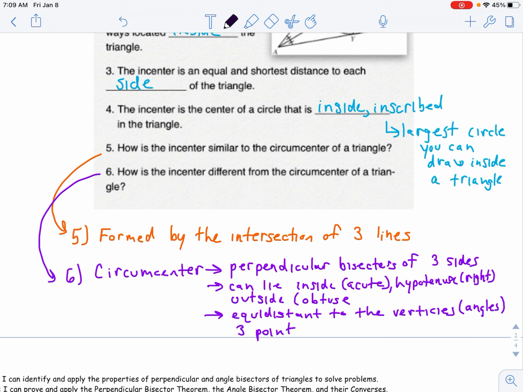And it might be a good idea to look at some notes from yesterday. And then the incenter is angle bisectors. Only inside.